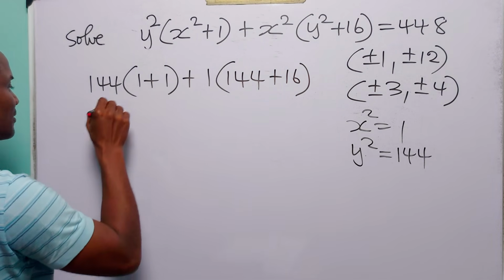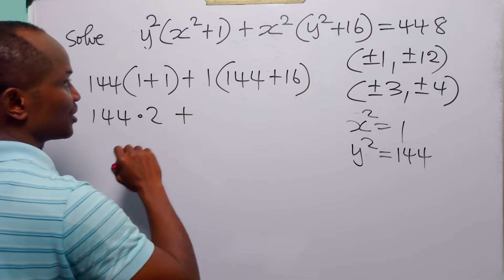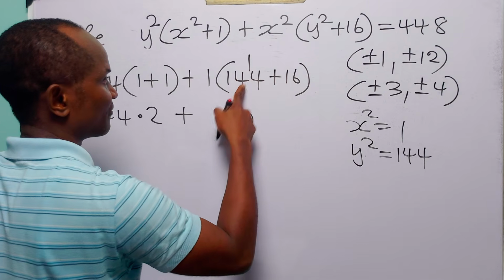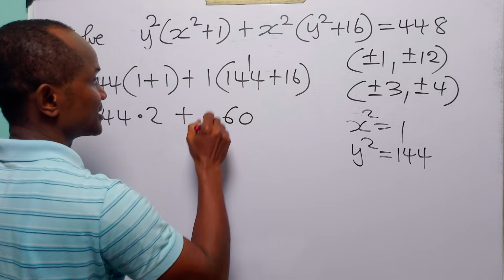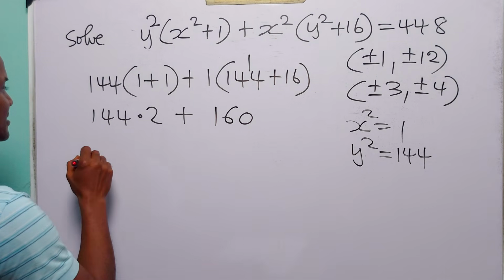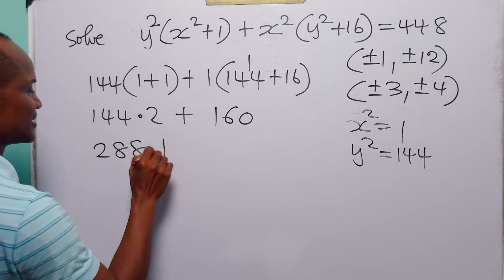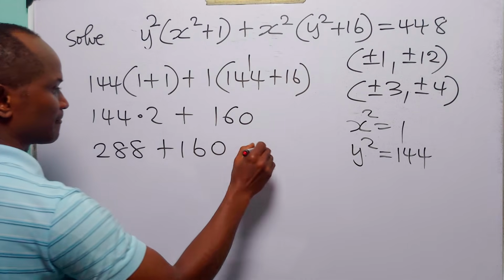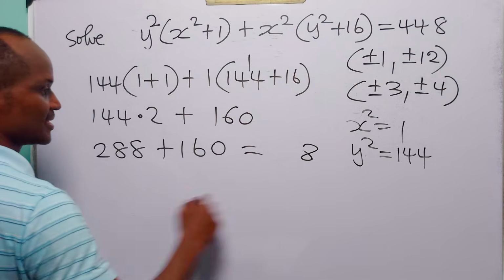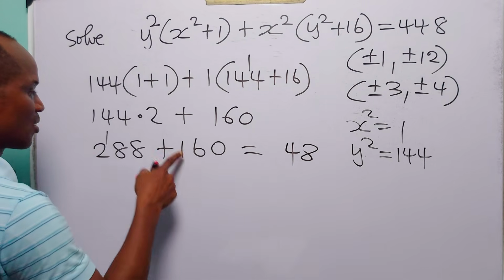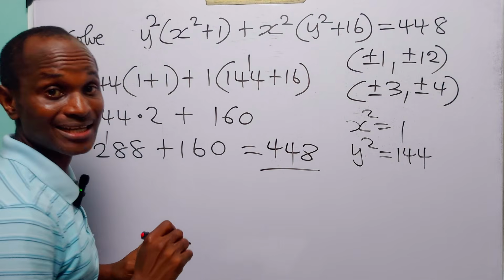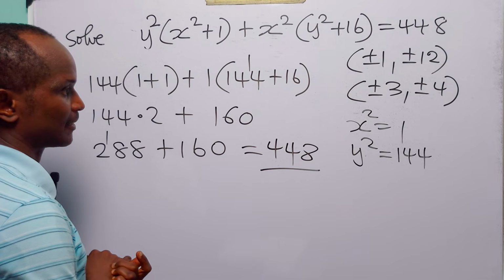Now here we have 144 times 2, plus 4 plus 6 is 10, 5 plus 1 is 6, times 1, that is 160. This is equal to 288 plus 160. 0 plus 8 is 8. 6 plus 8 is 4, carry 1. 1 plus 2 is 3 plus 1, 4. 448, which is exactly what we have on the right hand side.